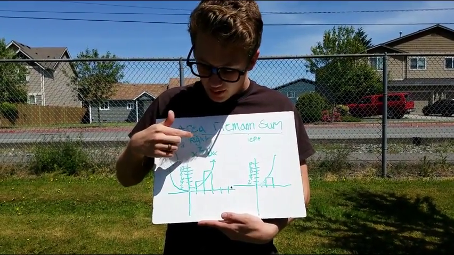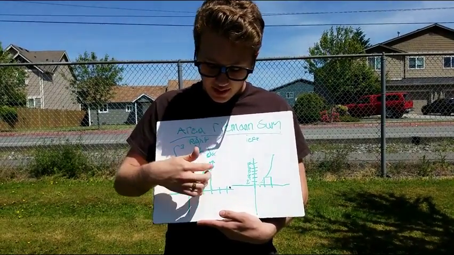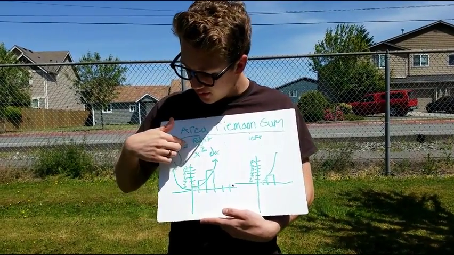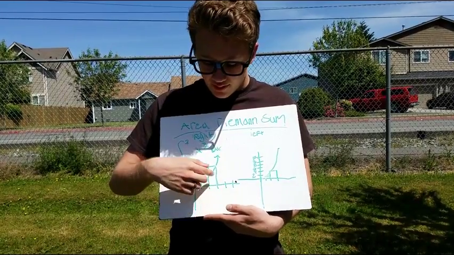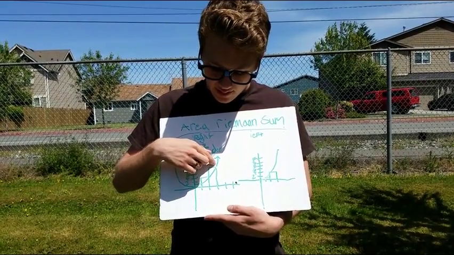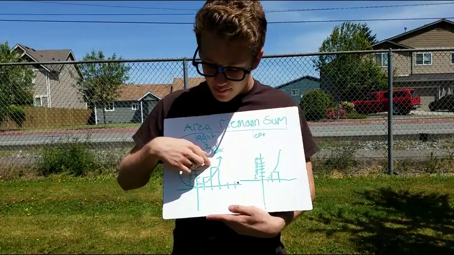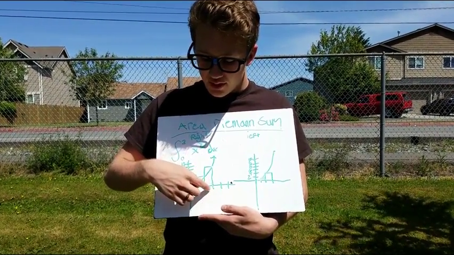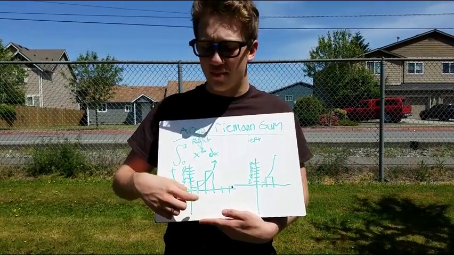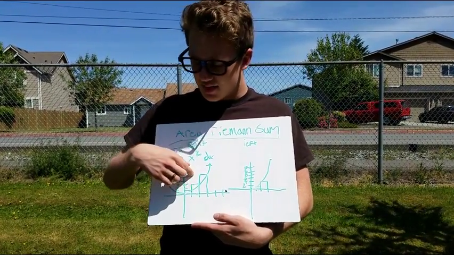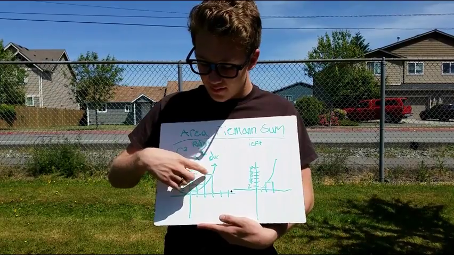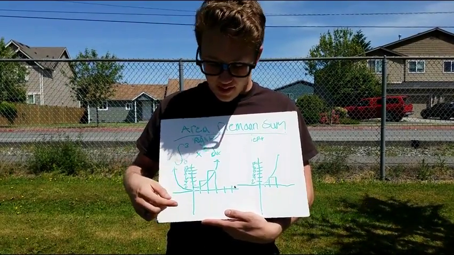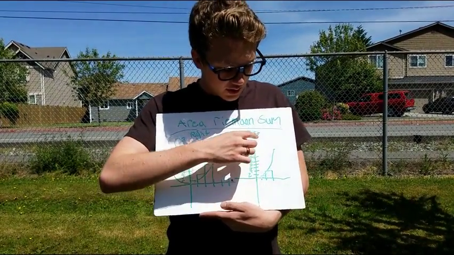If you use right Riemann sum, then you take the farthest right point, so you start at 3, so the value at 3 is 9, and so you draw basically a box that goes to 2, and then you multiply by the width of the box to get the area, and this one will be an overestimate because the box hangs over.